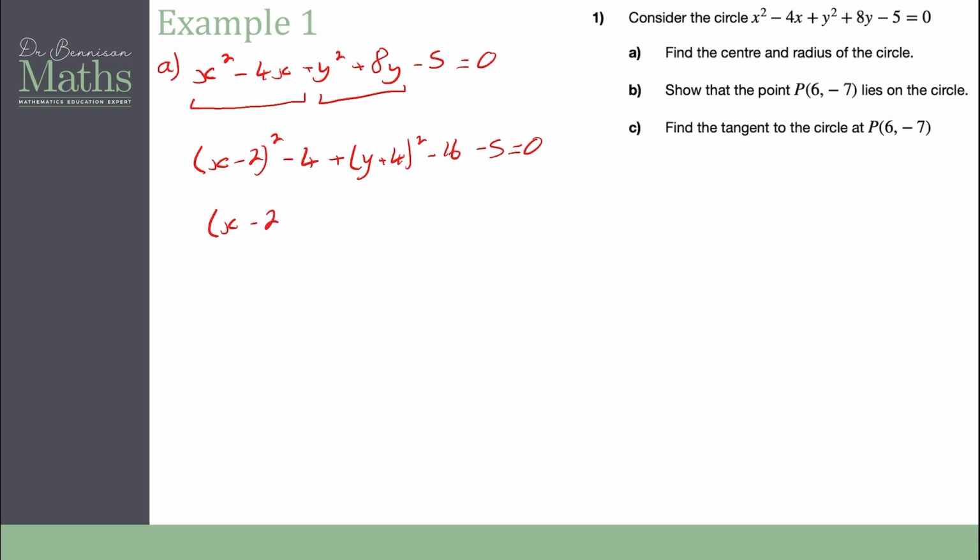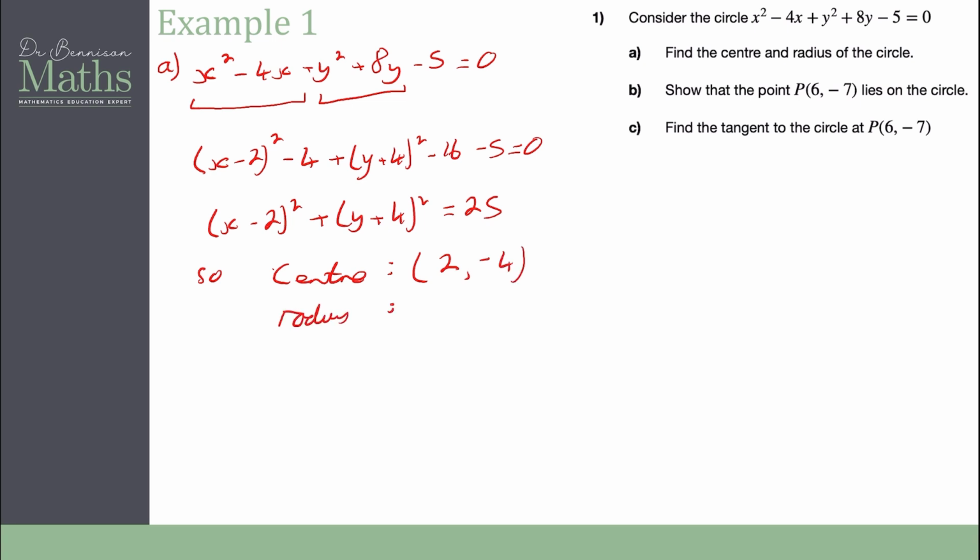So we end up with x minus 2 squared plus y plus 4 squared equals 25, adding 25 to both sides. So this has centre 2, -4, and a radius of r equals 5.